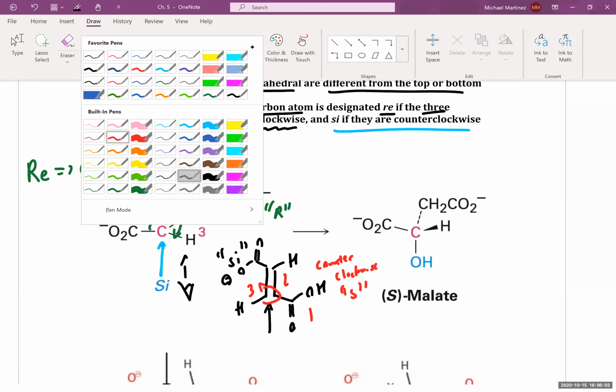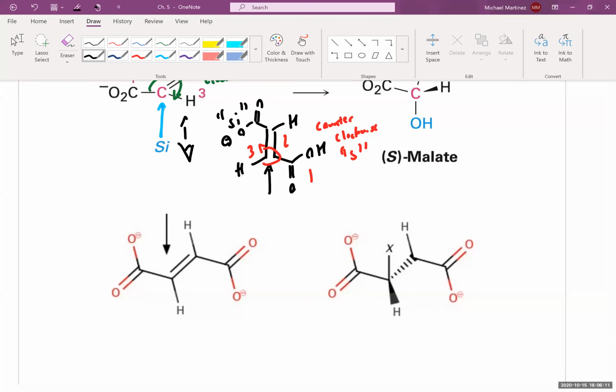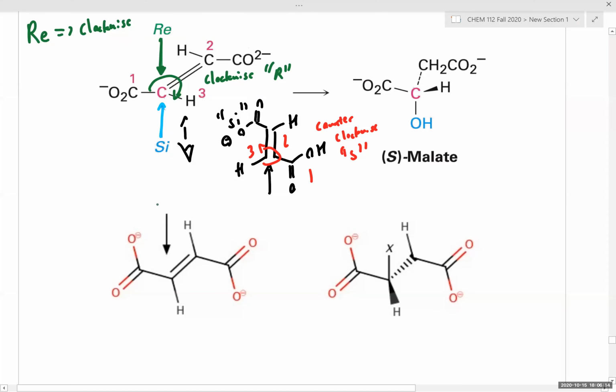To help us visualize that, if we think about our approaches, in this case we're showcasing the approach from the re face.